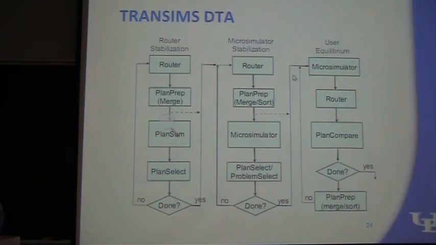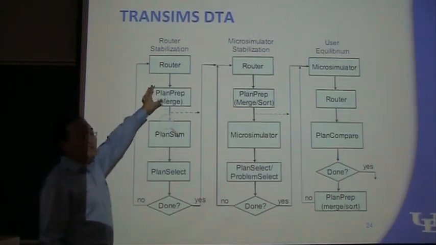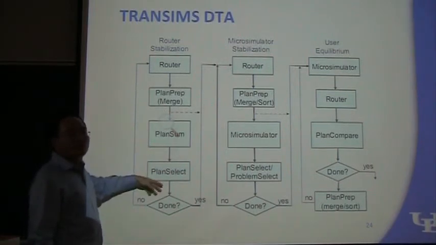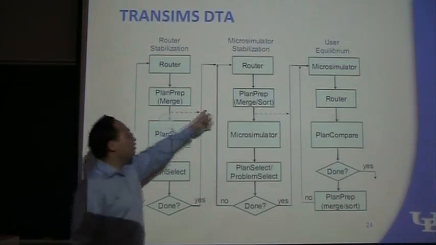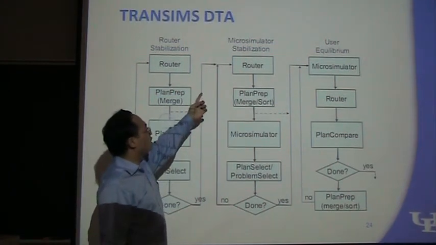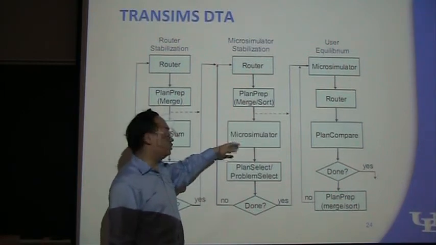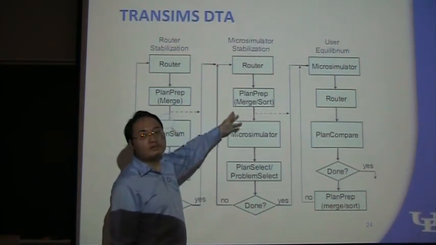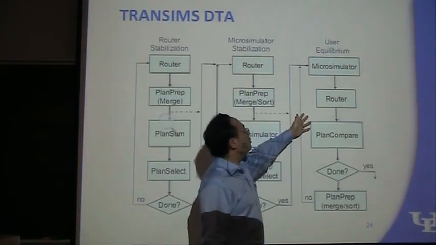Okay. So we notice that in this stage, we run router all once, and we run router partial a lot of times. And in this stage, we run router once, and then we run micro simulator several times, and we run router partial several times. And the third step is called user equilibrium.